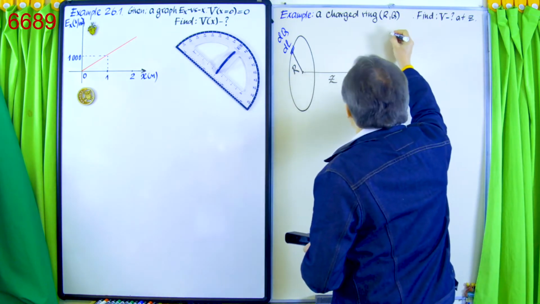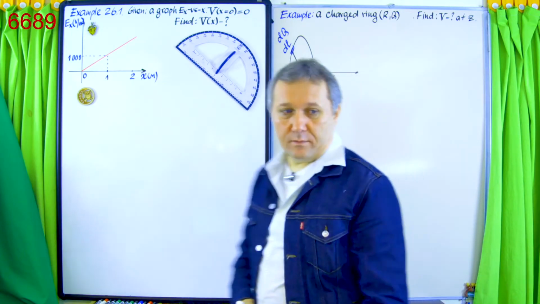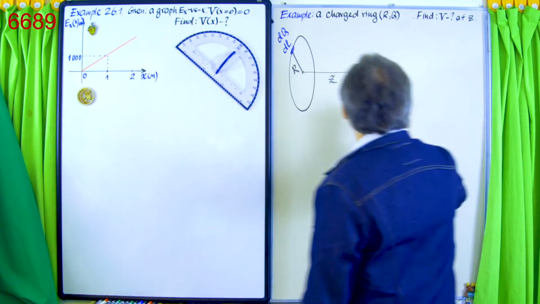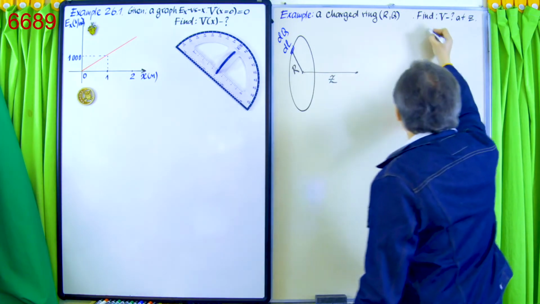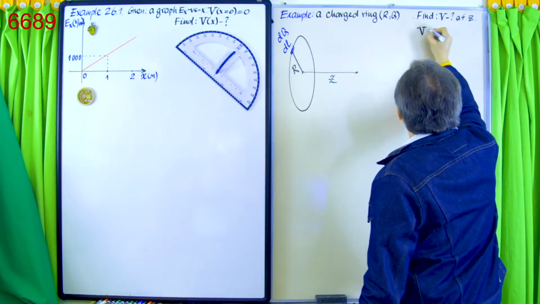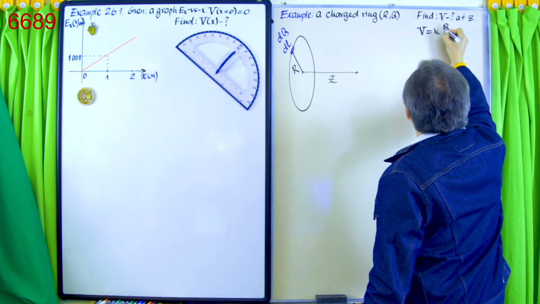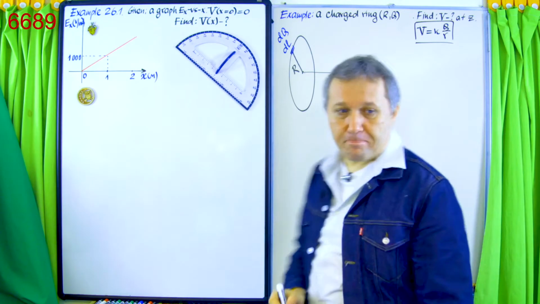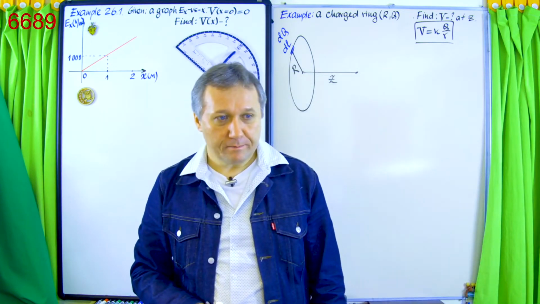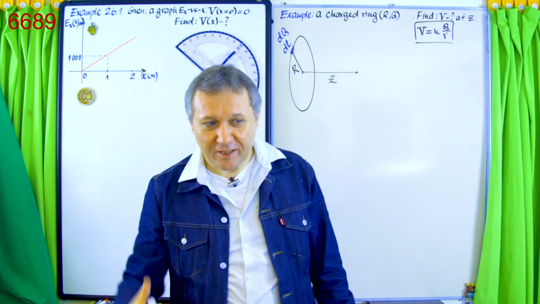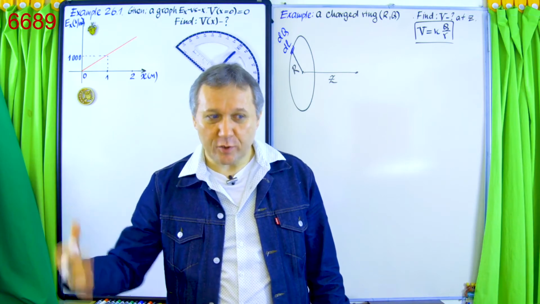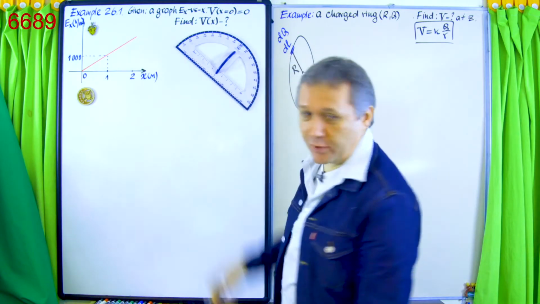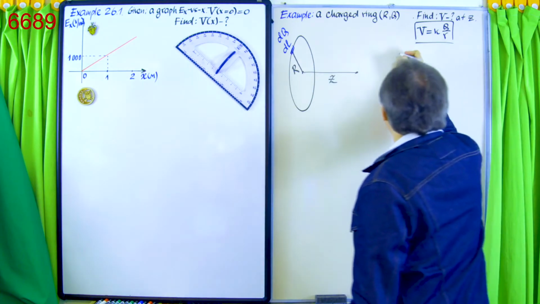So it means that I can treat it as a point charge, and we know the expression for the potential created by a point charge. You remember V equals kQ over R, right? That's the formula which we derived, which describes the electric potential created by a point charge Q at a distance R. But now our point charge is dq, so we can use it.